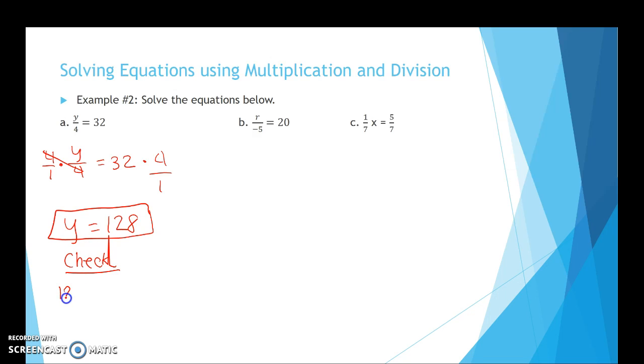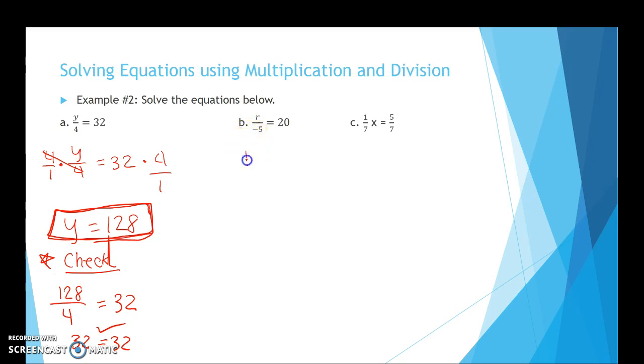So I would have 128 divided by 4. Does that give me 32? It sure does. So 32 equals 32. Answer, y equals 128. That would be my answer. The steps above it show my work. This is just, remember, my check step.